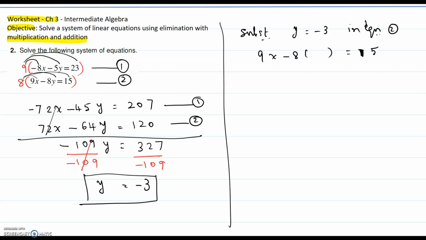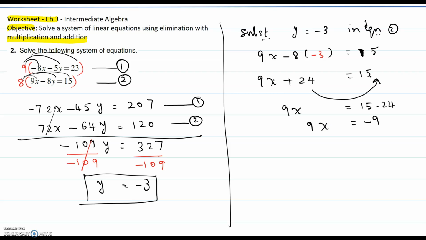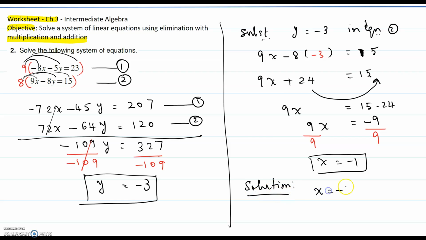So we get 9x plus 24 equal to 15. Move the 24 to the other side in order to isolate the x. 15 minus 24, that will be a negative 9. So 9x equal to negative 9. So if you divide both sides by 9, you get x equal to negative 1. So the solution to this problem in the elimination method is x equal to negative 1, y equal to negative 3.